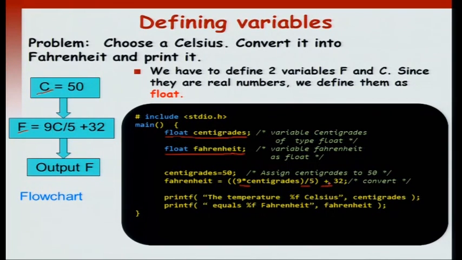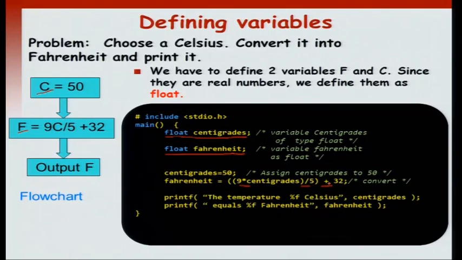So this is exactly as in the flowchart, except that here in the flowchart the multiplication symbol has been swallowed, but in C you have to specify it using a star operator.